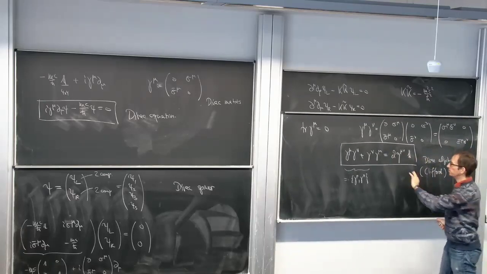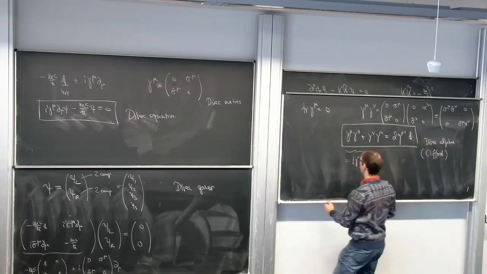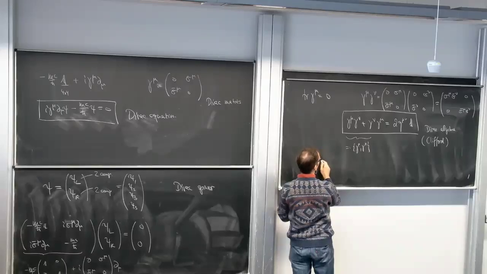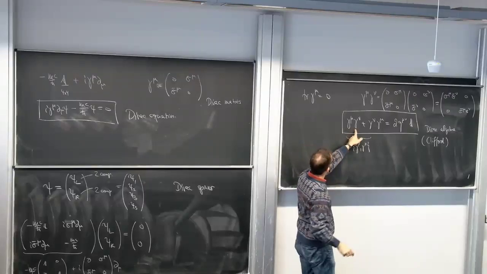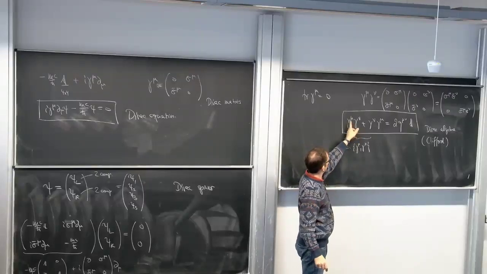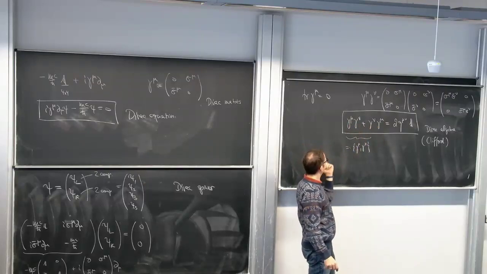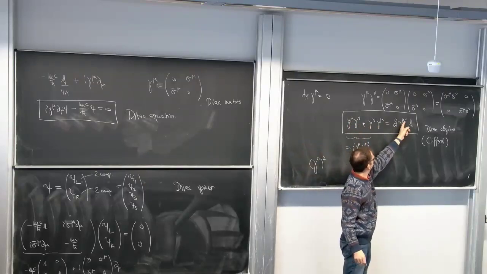For us, it means the following: if you have both indices the same, let's say mu is 0, then you have gamma 0 times gamma 0, and there are two of them. On the right hand side, I have 2 with eta 0 0.